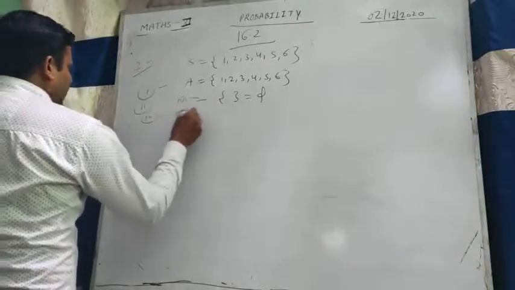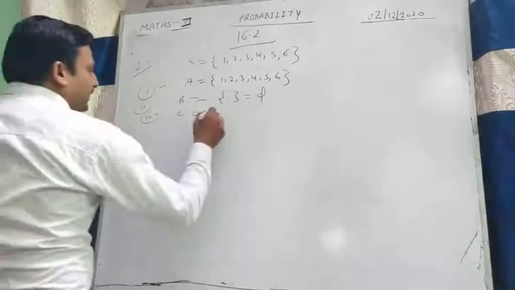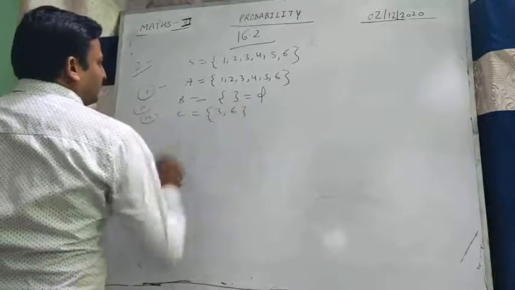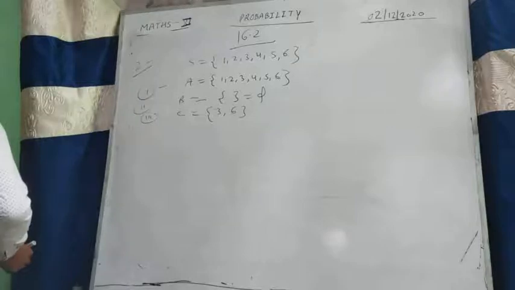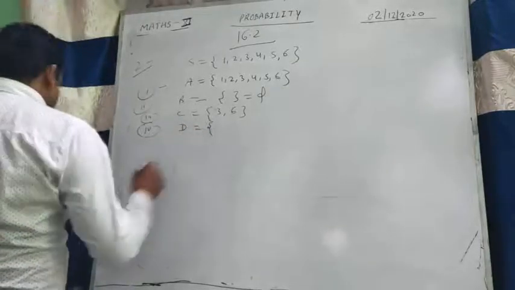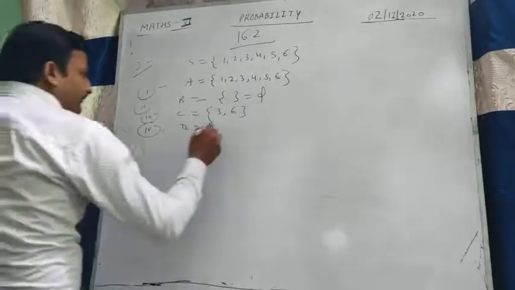And C is given as a multiple of 3. Multiple of 3 means it will be 3 and 6. And fourth is D, which is a number less than 4.